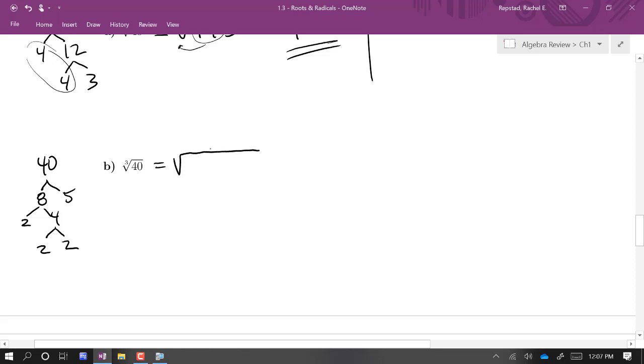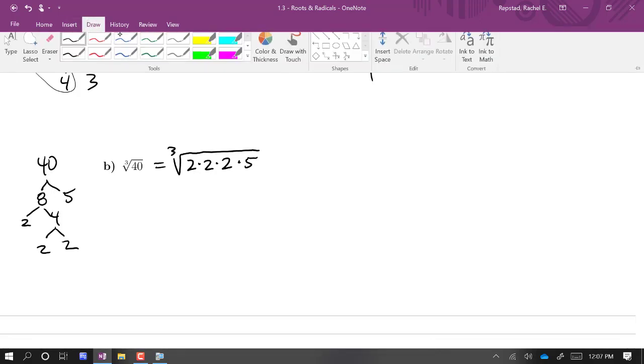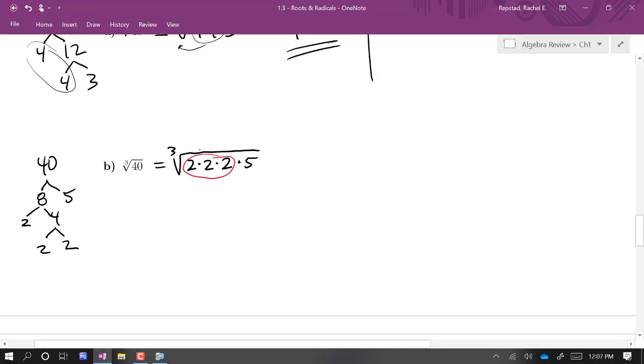So we have the cube root of 2 times 2 times 2 times 5. Because it's a cube root, I'm looking for 3 of the same factor to be able to take one out, and there's a group of 3 twos. So I'm going to bring out a 2. Now all the 2s are gone from inside the radical. 2 times the cube root of 5.